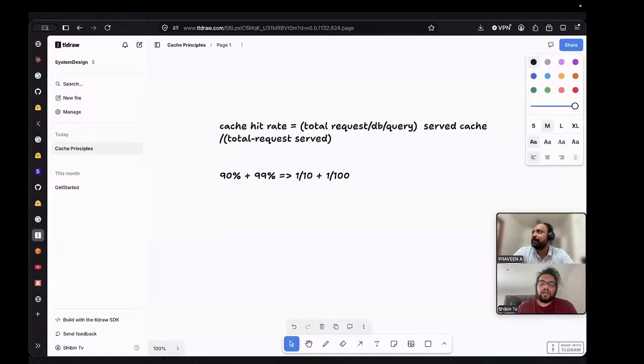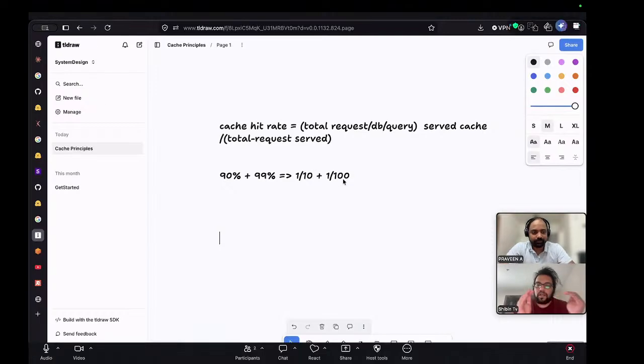Now the second thing you have to understand is what is important, because you can't cache everything, right?